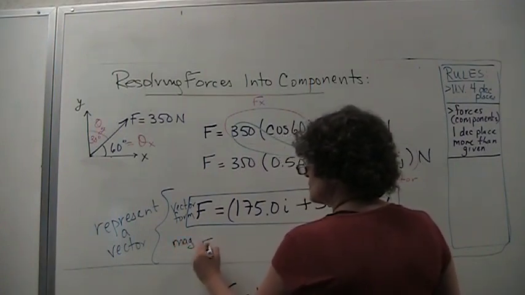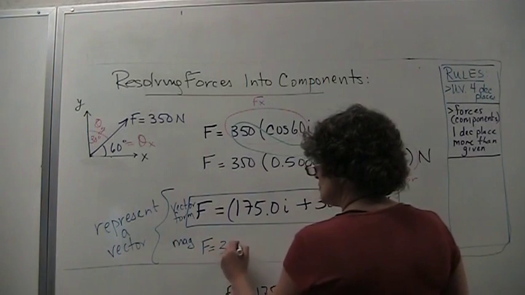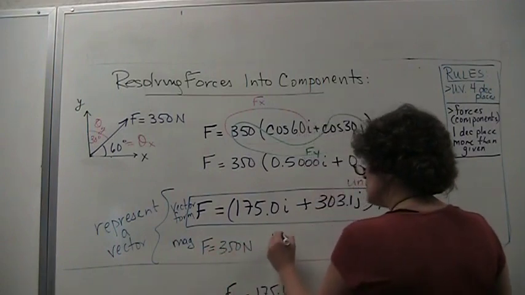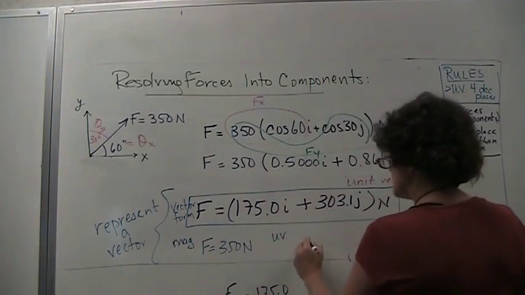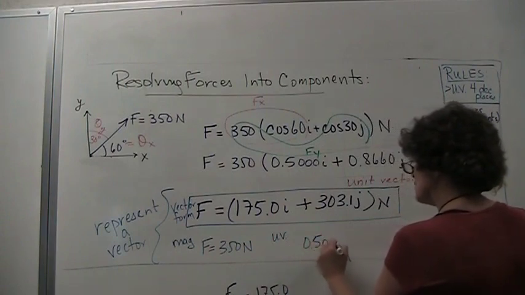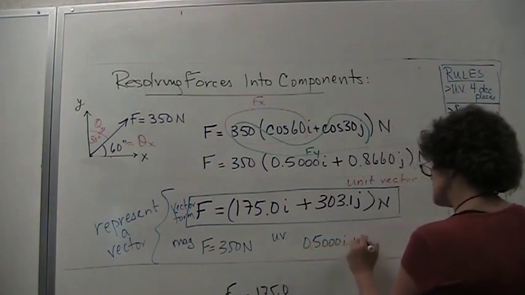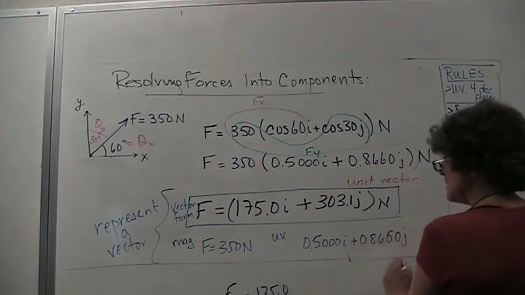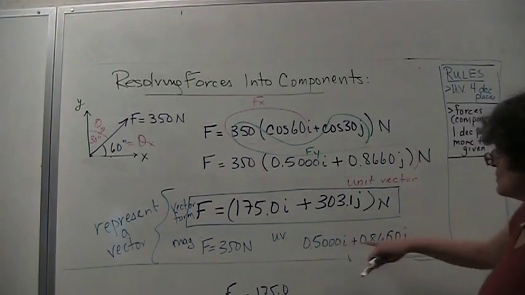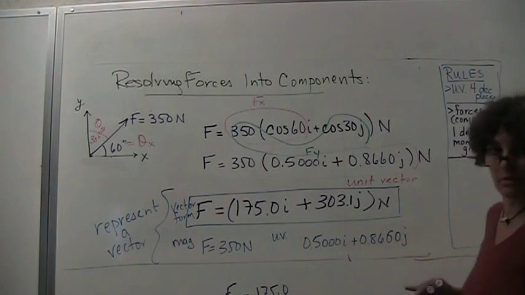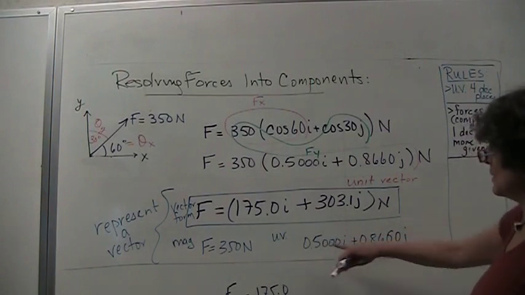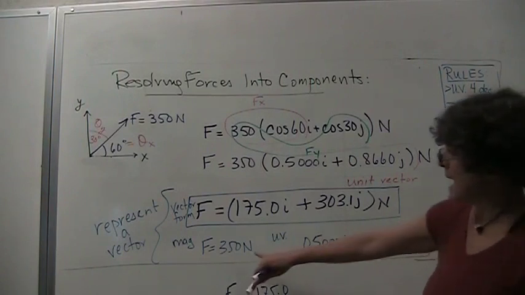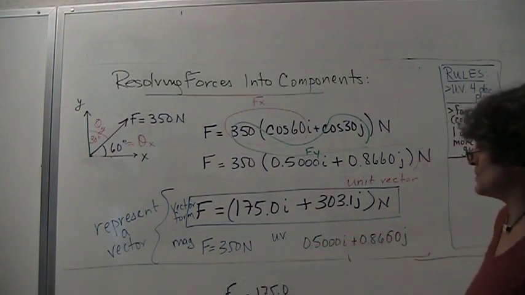So the magnitude of this force is 350 newtons, and the unit vector is 0.5000 i plus 0.8660 j. Are there any units associated with the unit vector? No. Unit vectors are unitless. They're giving us direction. The magnitude gives us the unit of the force.